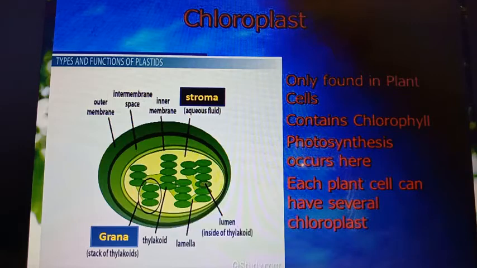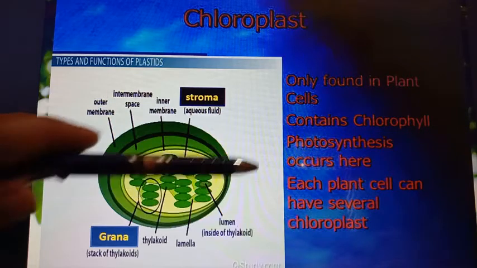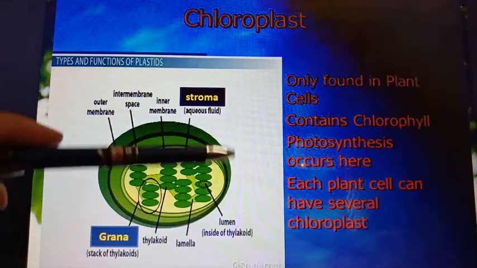Chloroplast is mainly the green colored plastid as it contains the green pigment chlorophyll. Chloroplast is known as the kitchen of the cell as it can produce food by using solar energy from sunlight, carbon dioxide and water. So this is the labeled structure of the chloroplast.